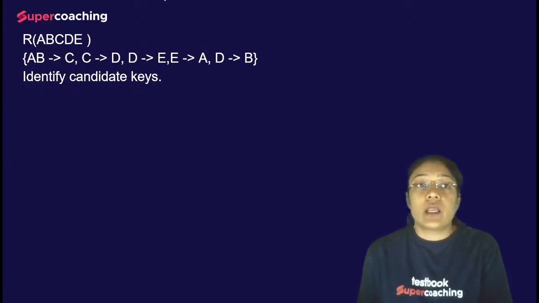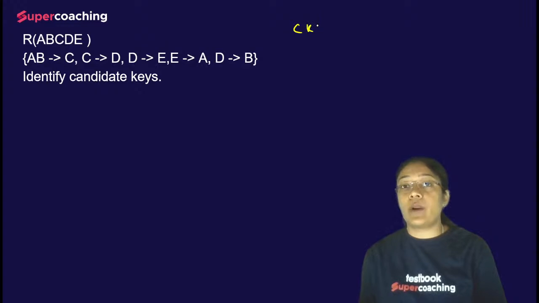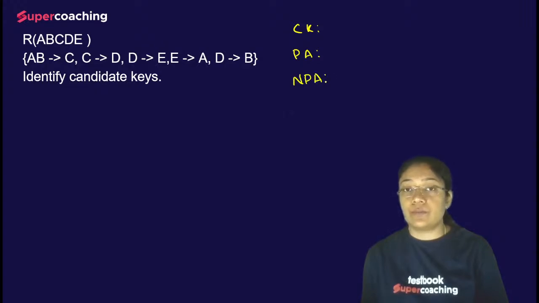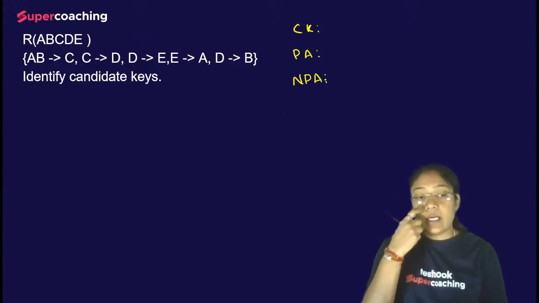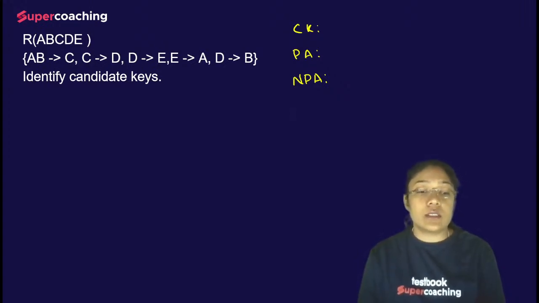Next one. Identify the candidate keys. This is the last question for identifying the candidate keys, prime attributes and non-prime attributes. Just identify what should be the answer, or how many candidate keys you'll be getting for this relation and the functional dependency set.